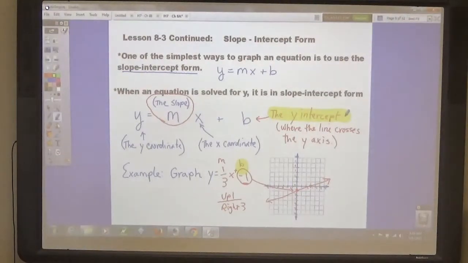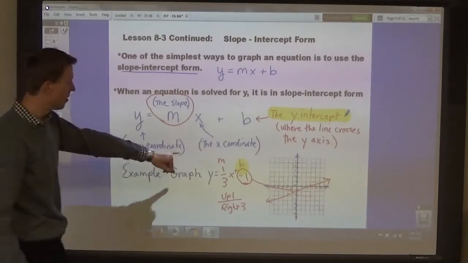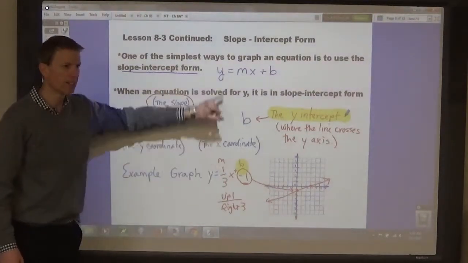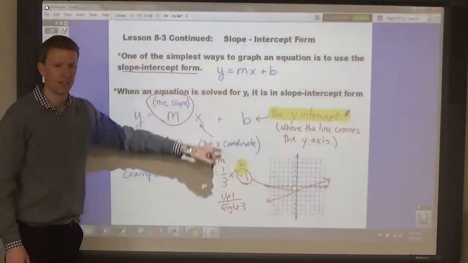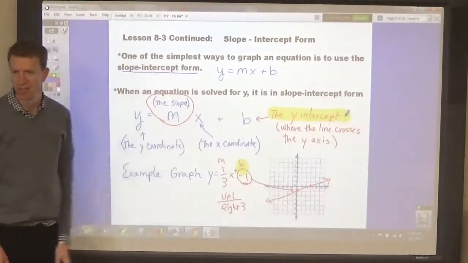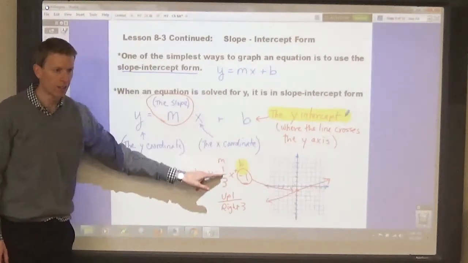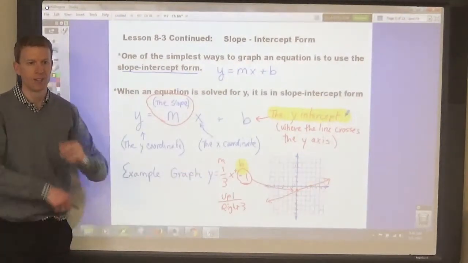You see that? So, 1/3 is the coefficient of x, so that is m in the equation. M is 1/3. What does it tell you?